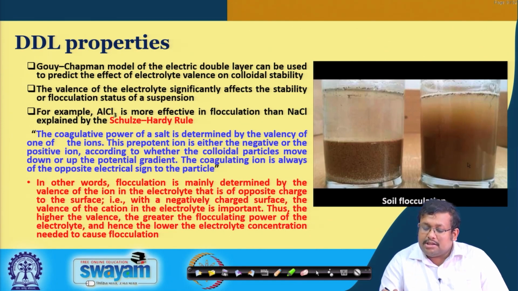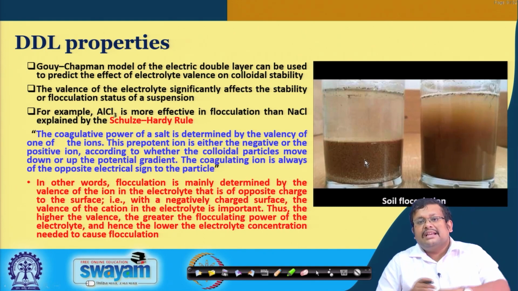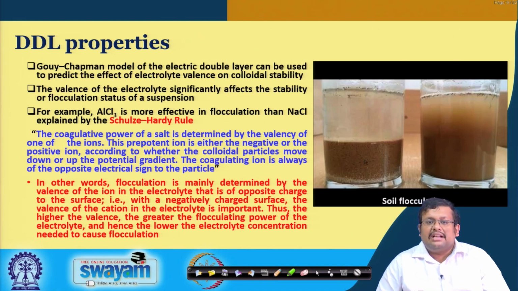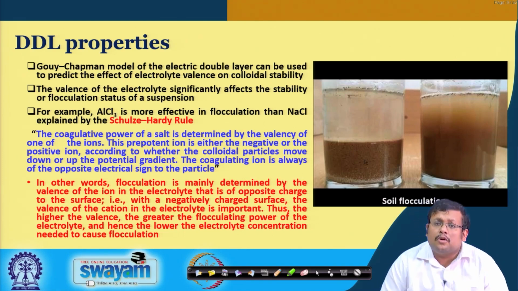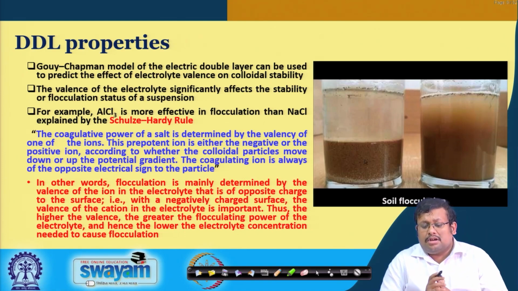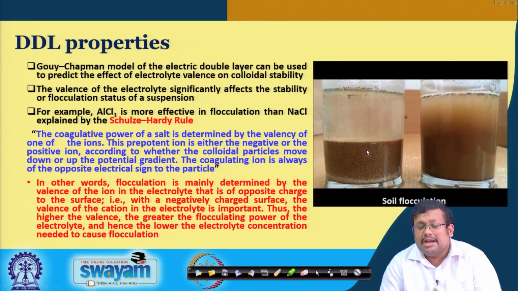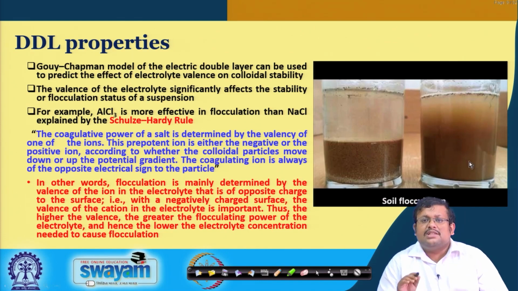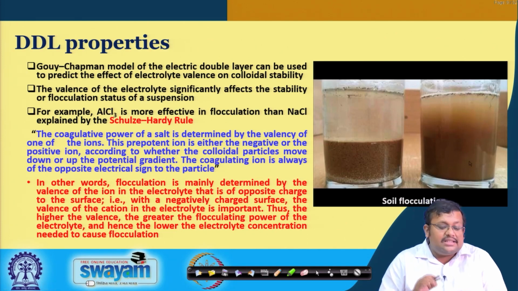However, when the soil shows flocculation, we will see this type of condition where all the particles will settle down. This is called flocculation, and the right one is the stable suspension, where all the soil particles are dispersed.